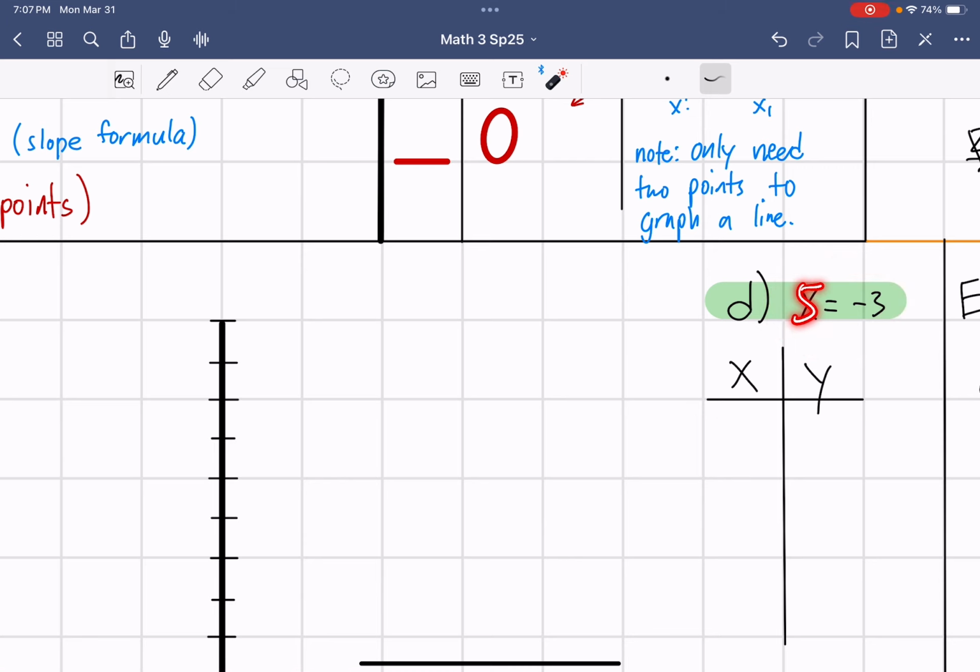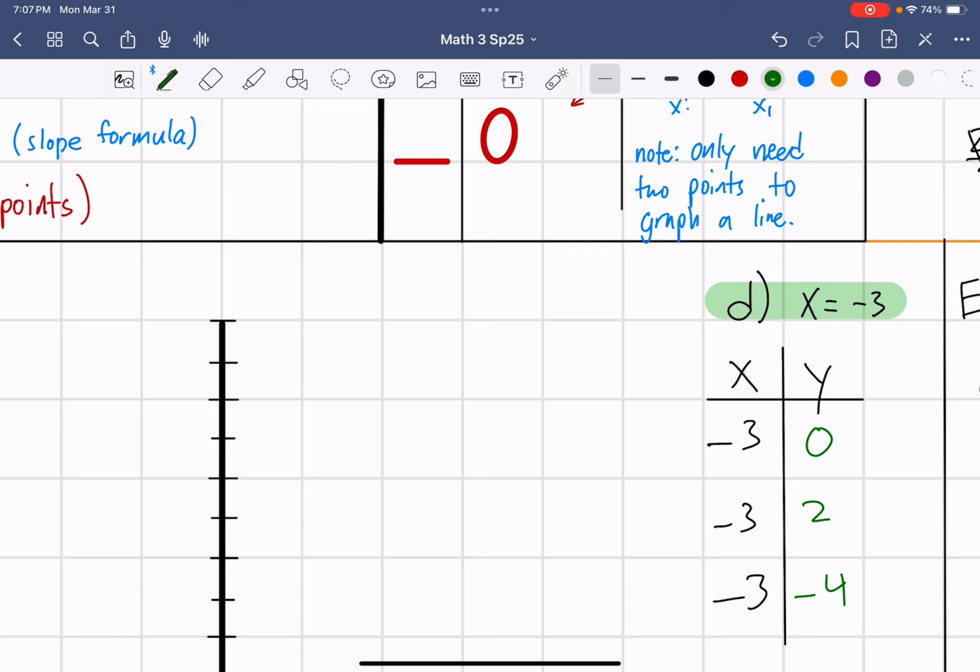The moment I choose a 5 or a 0, if I choose anything other than -3, this is going to be a false statement. So that means I know that my x is going to be -3 every single time. But that means my y can be any single value.